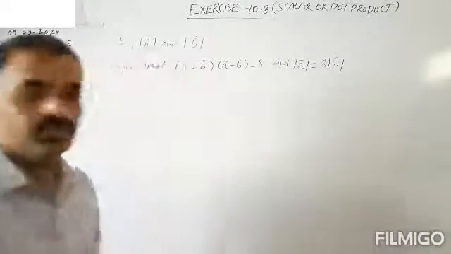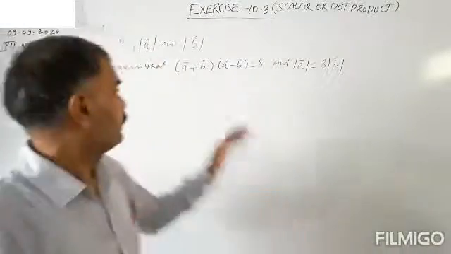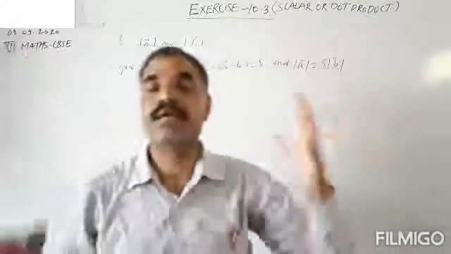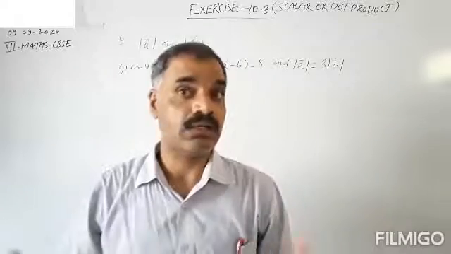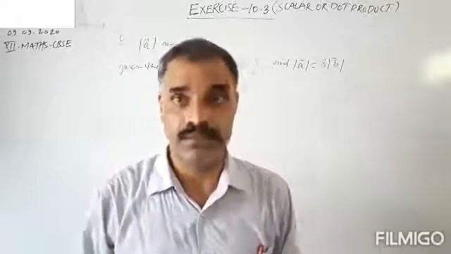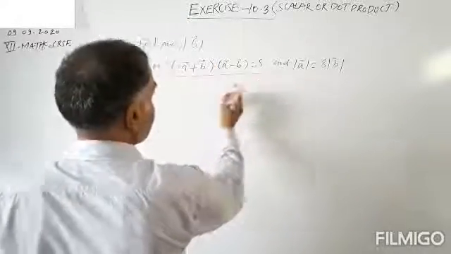This is all given, and we have to find the magnitude of A vector and B vector. It is a very important question to learn the concept of dot product, magnitude, etc. So now we will start from here.